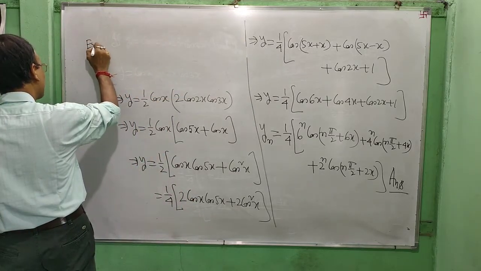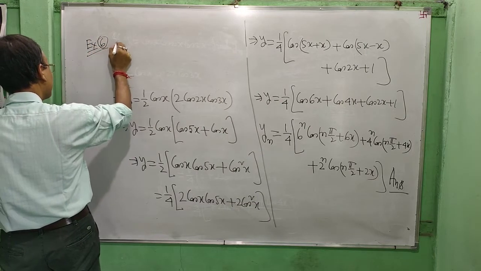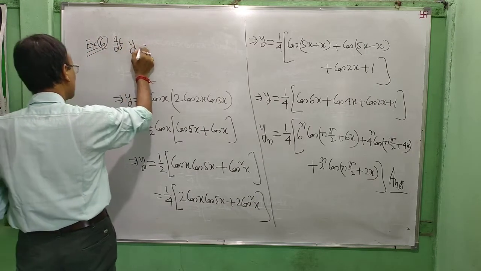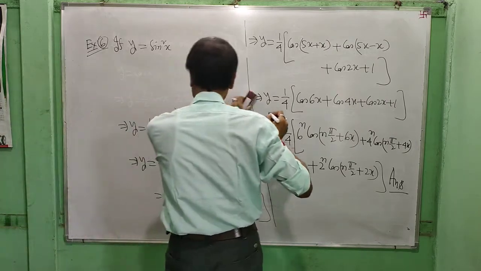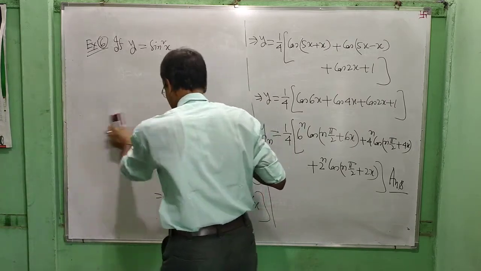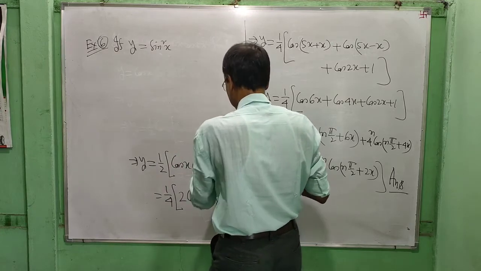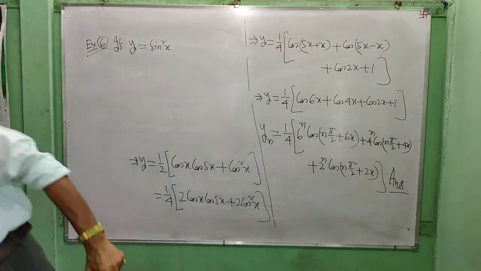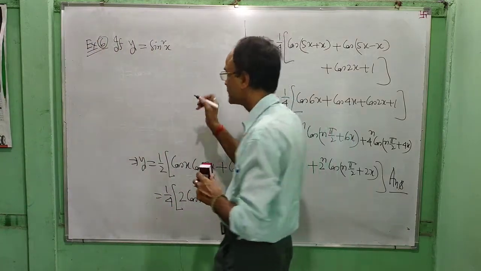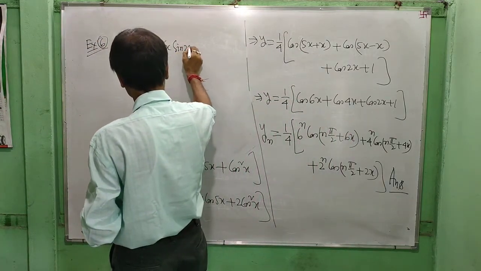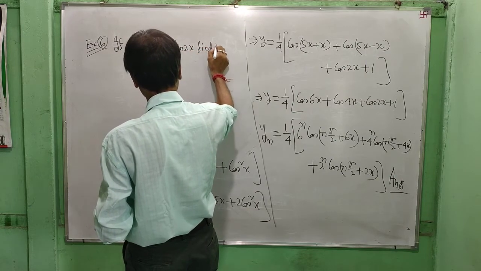Suppose this is example number 6. If y equal to sin square x sin 2x, find yn.